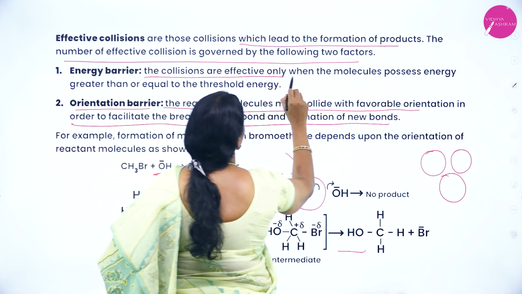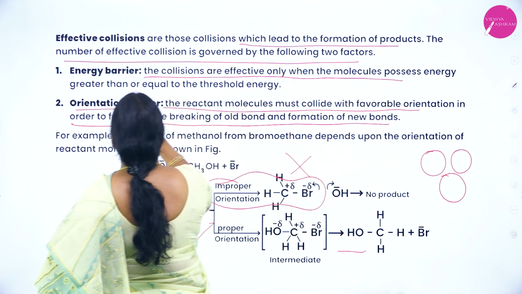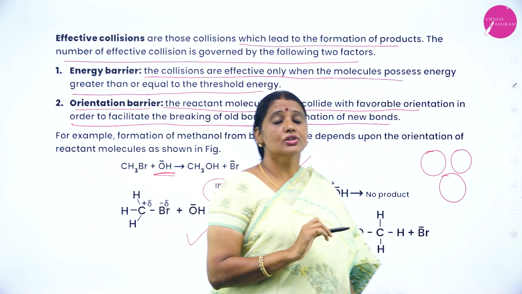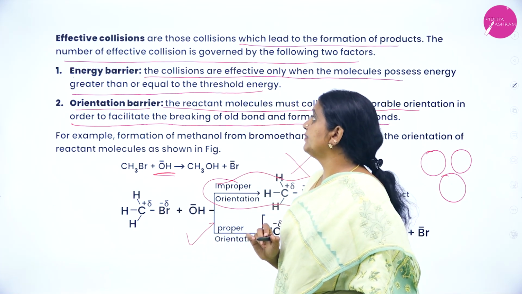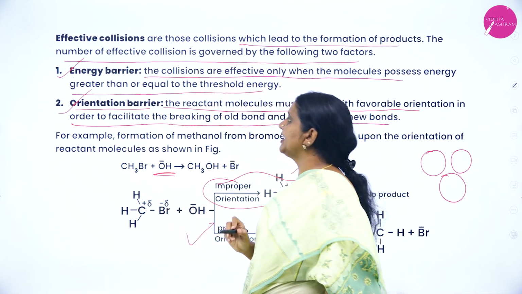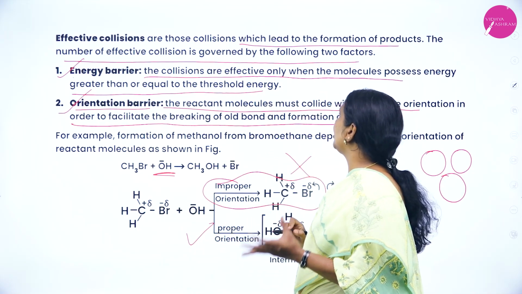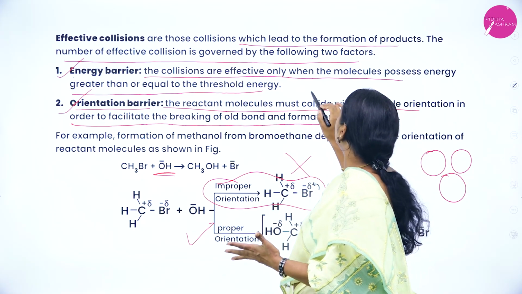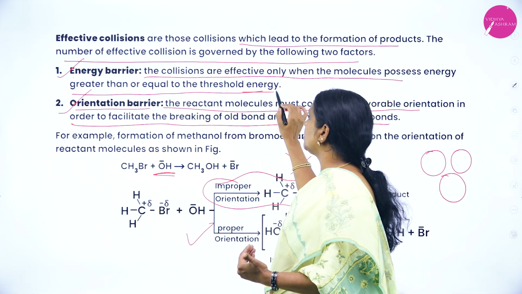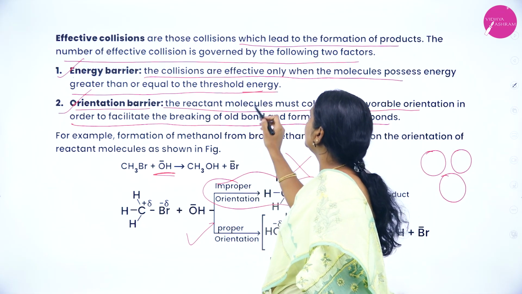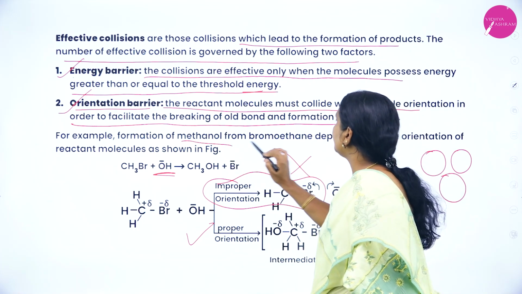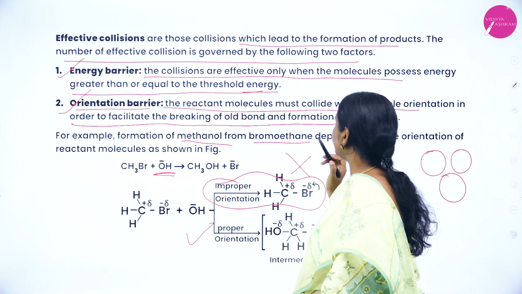Next, the collisions are effective only when the molecule possesses energy greater than or equal to the threshold energy. So the two factors which give effective collision are the energy barrier and the orientation barrier. For example, formation of methanol from bromoethane depends upon the orientation.